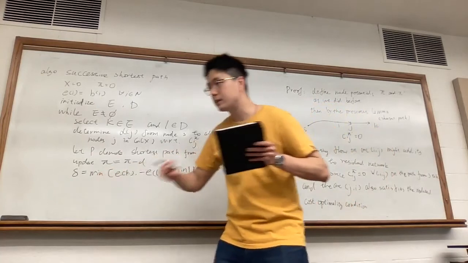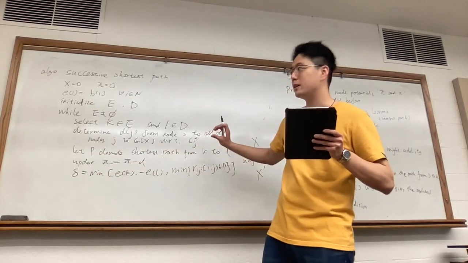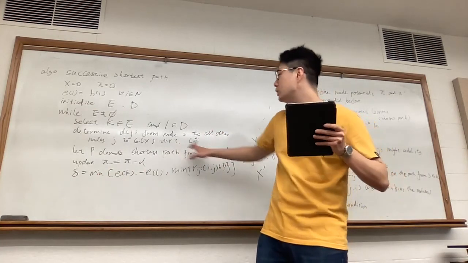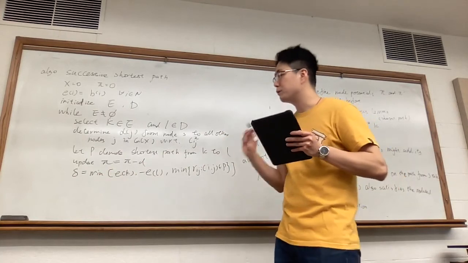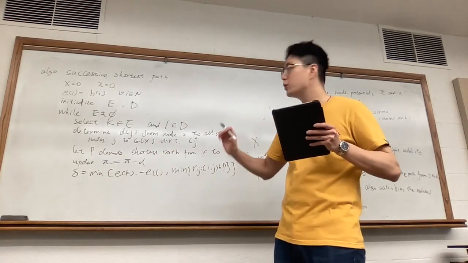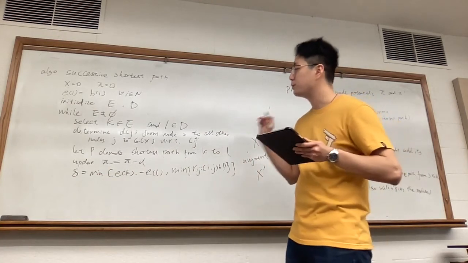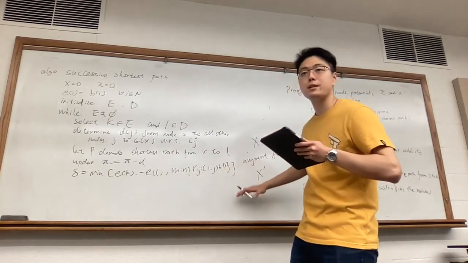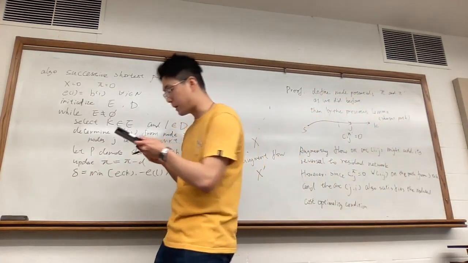It is a minimum, that's to say for every arc in this path from K to L, the amount of flow that you can augment is different. So you take the minimum. This is the amount of flow that you can augment through this path, right?